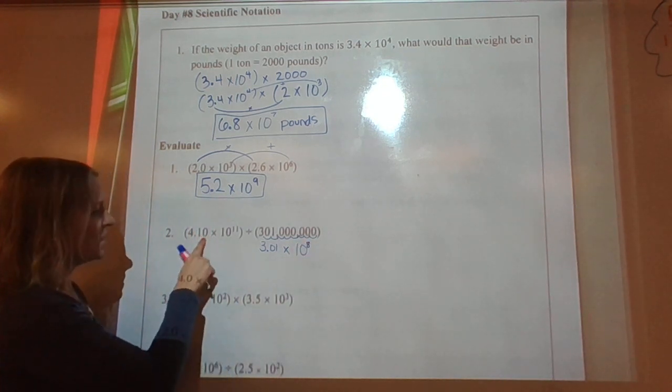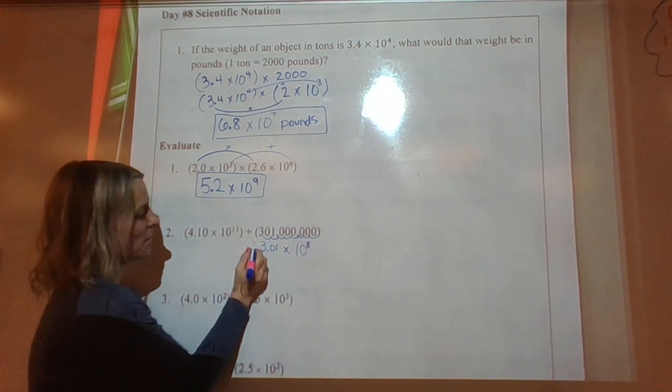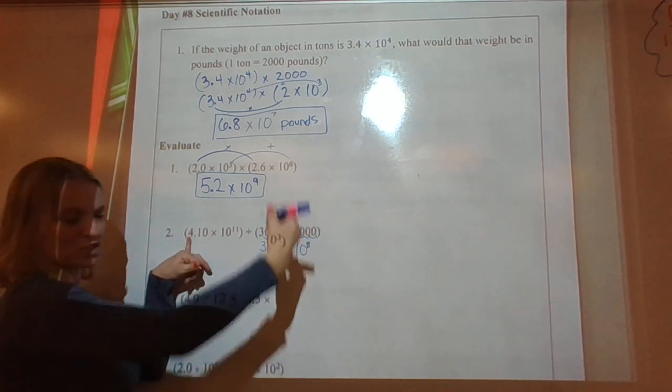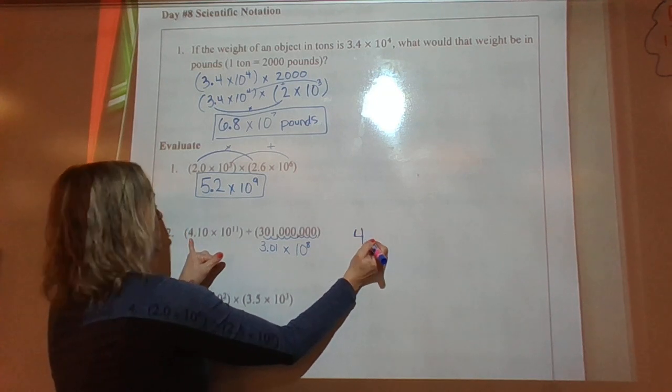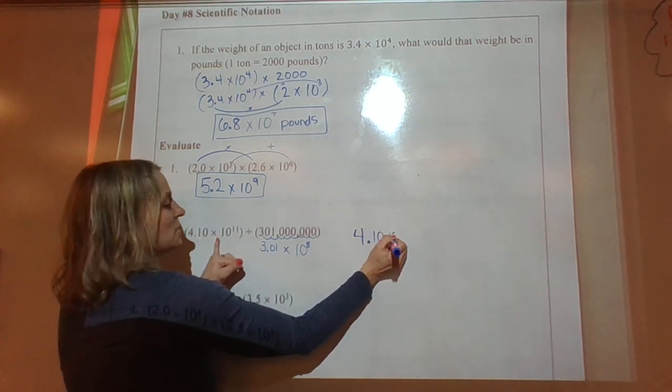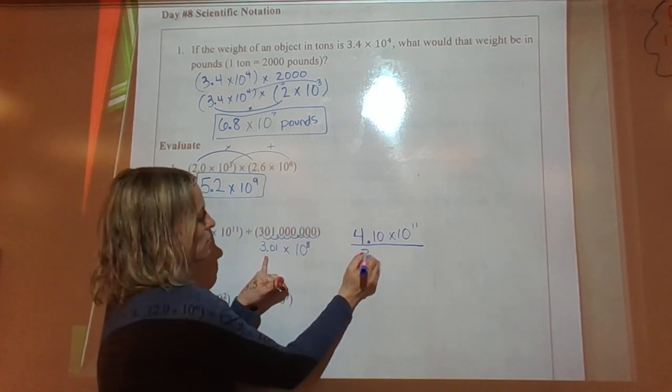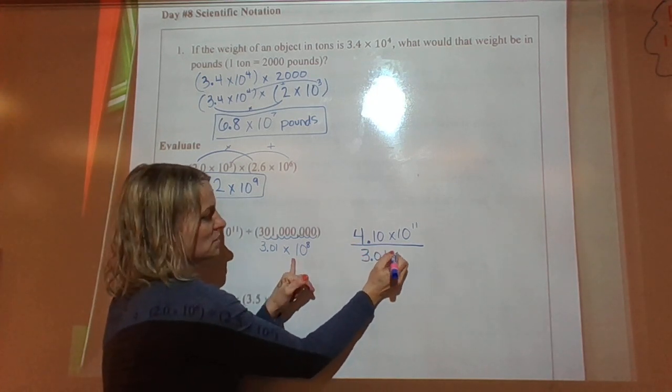All right, so I'm taking this one divided by this one, okay? And I'm going to rewrite it over here as a division where one's on top of the other. So I have 4.10 times 10 to the 11th divided by 3.01 times 10 to the 8th.